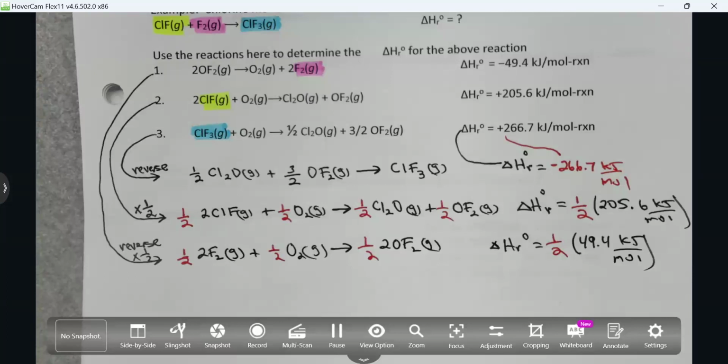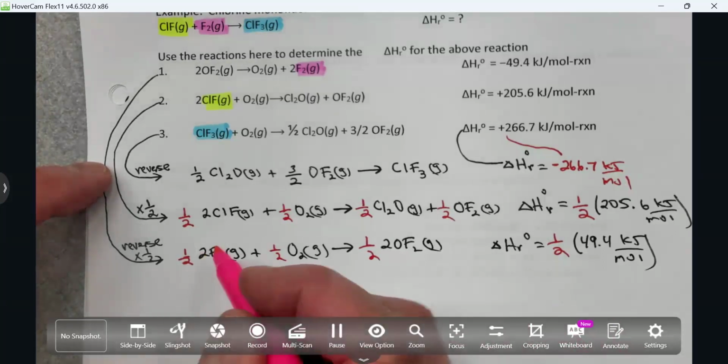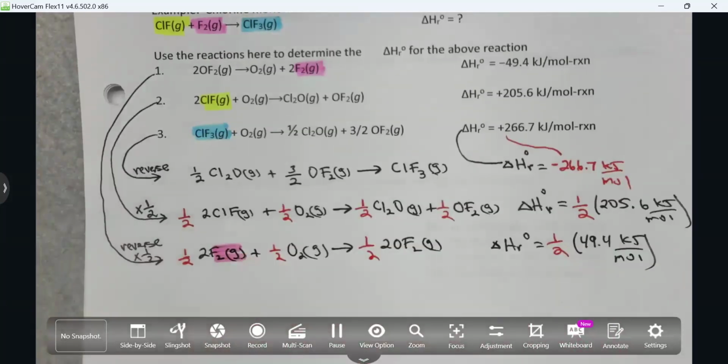I'm going to pull my highlighter back out, there's such a mess of this. Let me make sure I have F2 wherever it is, right here. Is there F2 anywhere else?